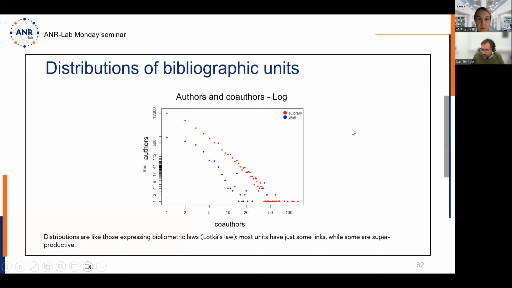Okay, now let's look at the authors and co-authors. And again, we would see these distributions of authors and how many authors have how many co-authors.